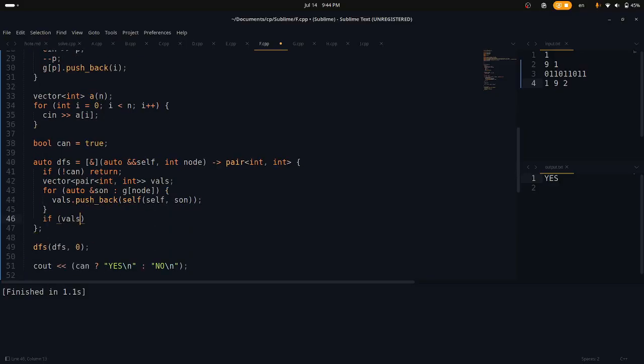Now if vals dot empty, then the a of node cannot be equal 0, and it will return a of node comma a of node.